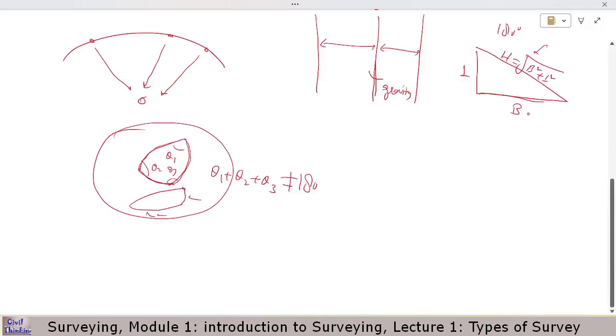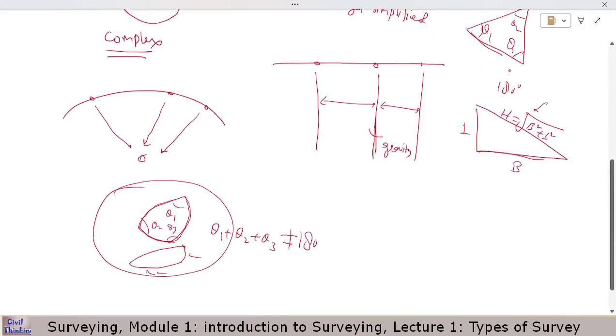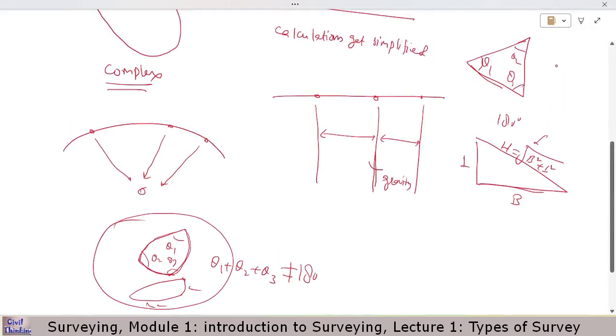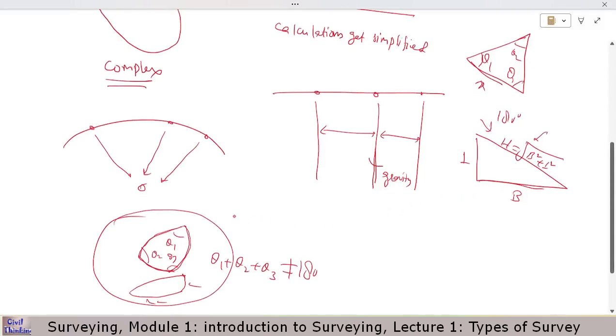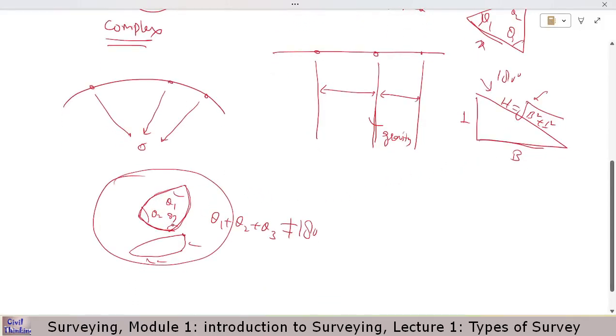The thing is that here we have the formulas on the plane, right? When we consider the earth as plane, flat, we have the direct formulas. But when we consider the curve, the formulas are not simple, okay. The mathematics is a lot more complex.